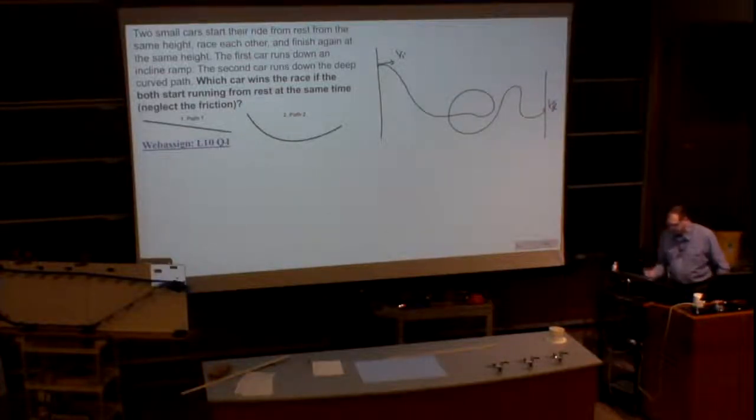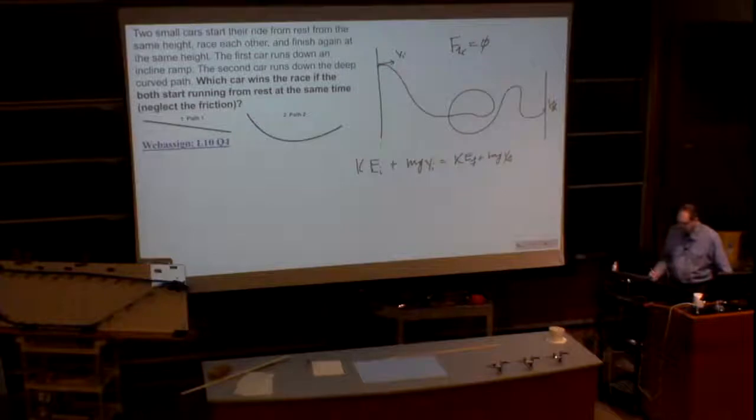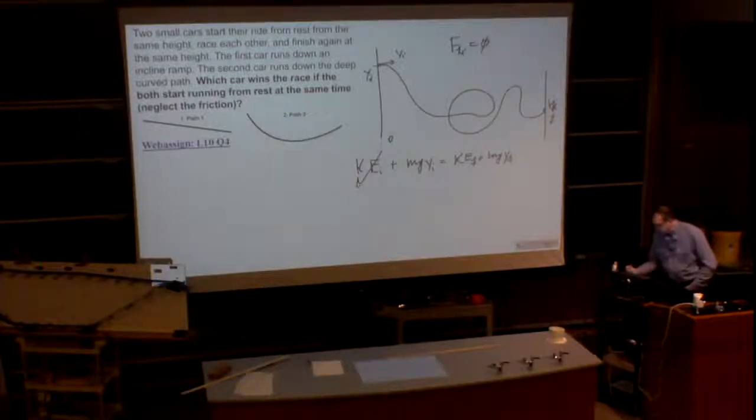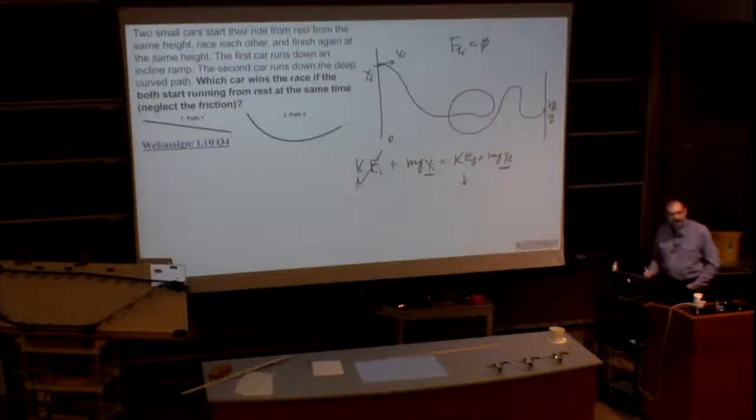In the absence of friction, if we apply the law of conservation of mechanical energy, as long as initial height and final height are the same for both carts, the final kinetic energy should be the same for both carts, which means the final speed should be the same for both carts. We actually can calculate it as we did before.